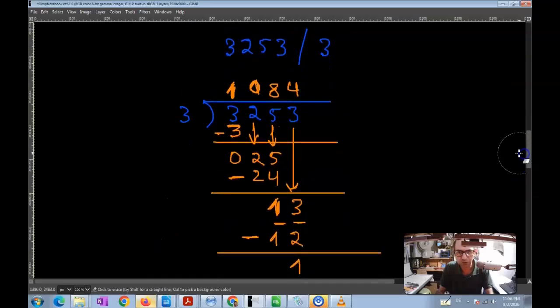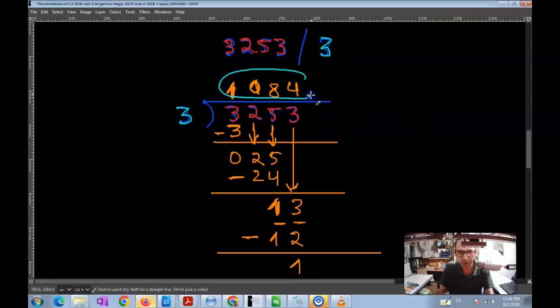So we wanted to divide 3253 by 3, and we got this number over here, which is 1084, with a remainder of 1, right?